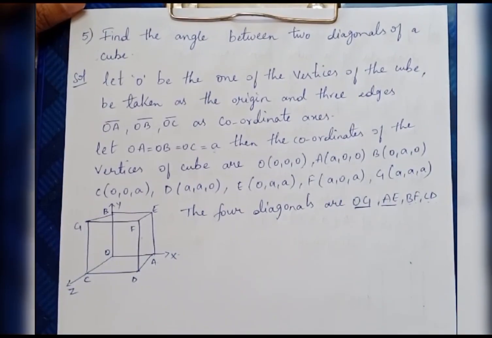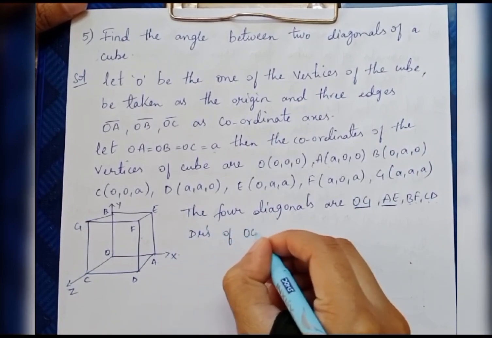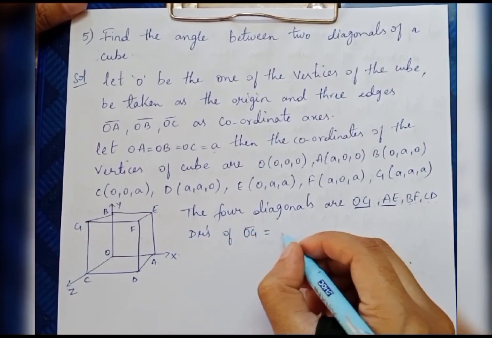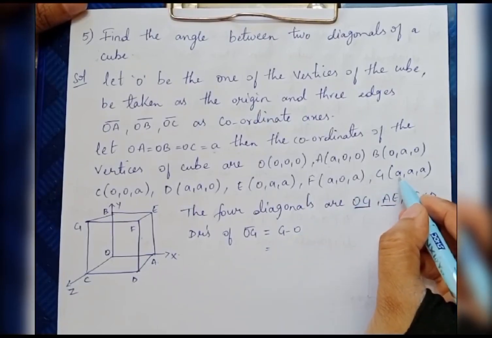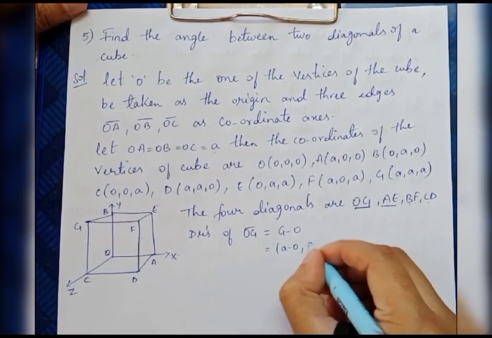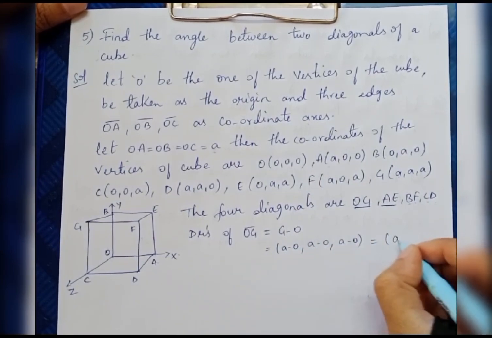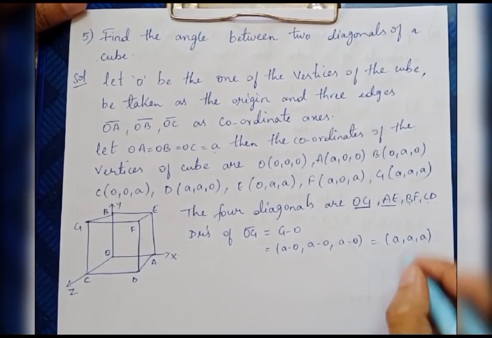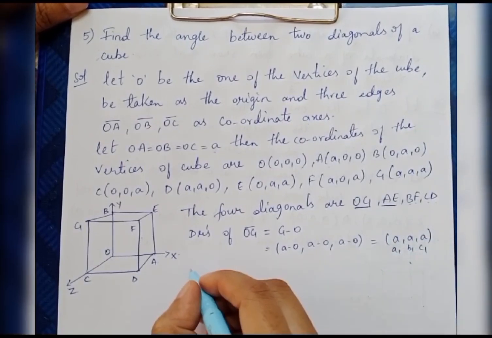DRs of OG is G minus O, the vertices of G minus O. So G is (a, a, a), minus 0 each, so it will be a, a, a. These values are a1, b1 and c1.